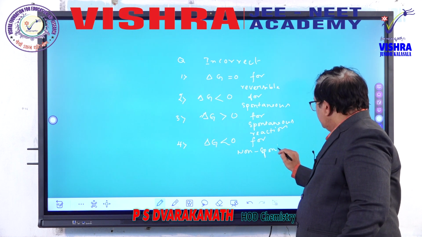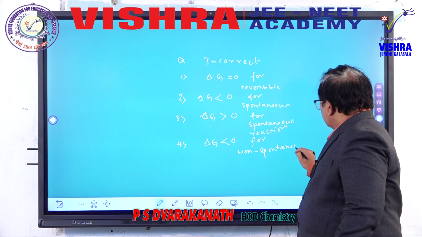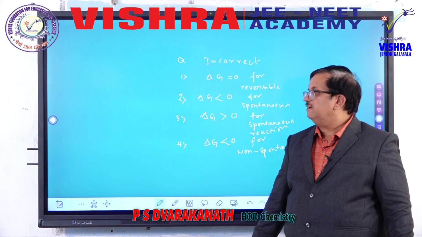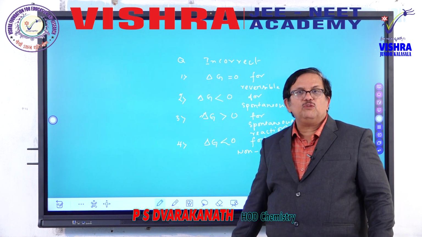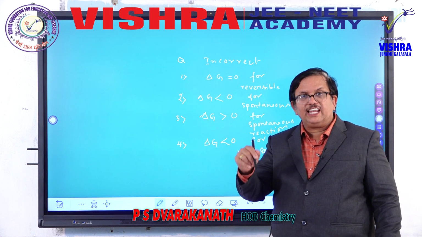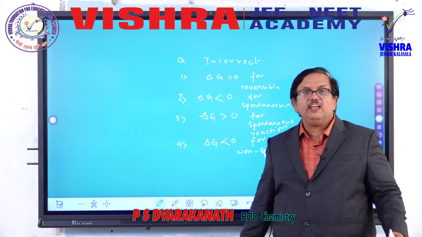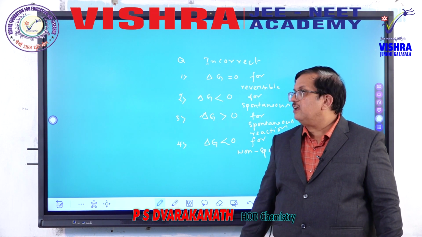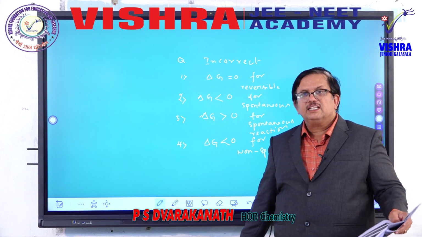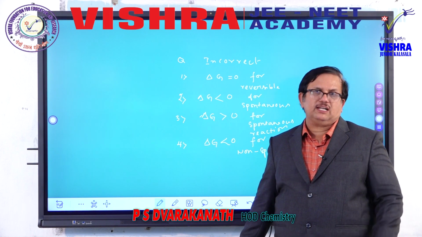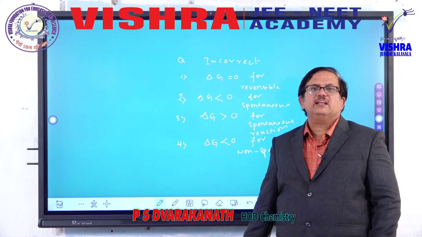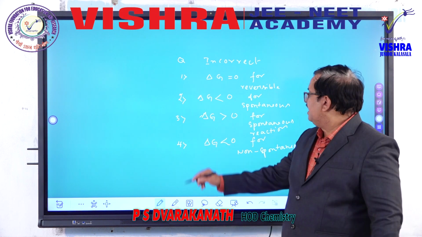Then straight away you can know, this is the conceptual thing. Gibbs free energy is the amount of energy whose decrease in value is able to do the work for non-expansion, or it is used to convert the reactants into products. Then delta G should be less than 0 for a spontaneous reaction.